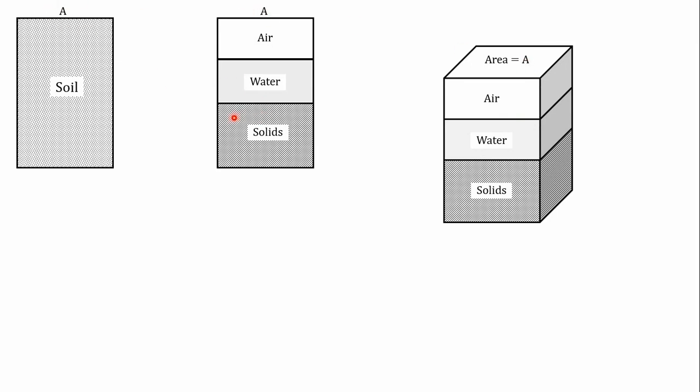Now, we will label it by dimension in terms of volume, and on the right side, we will label it by weight. First is the volume of solids. Second is the volume of voids.